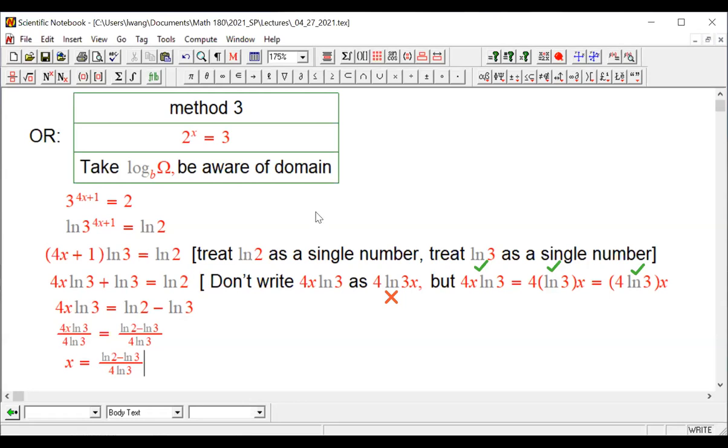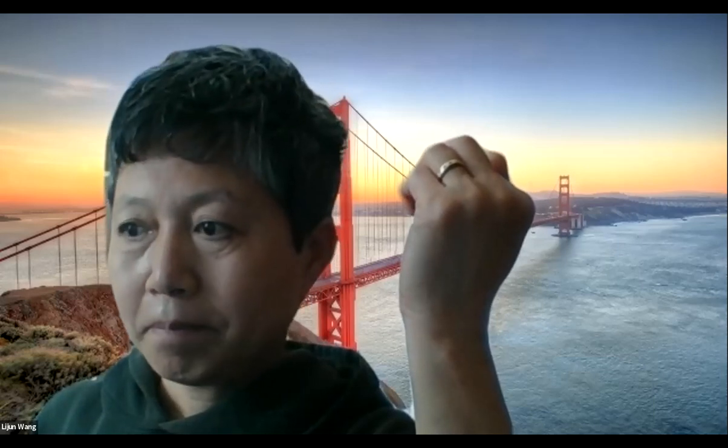So I'm going to stop the share for 2 minutes. Do you think 2 minutes is enough? You guys are going to reproduce it. Go for it.